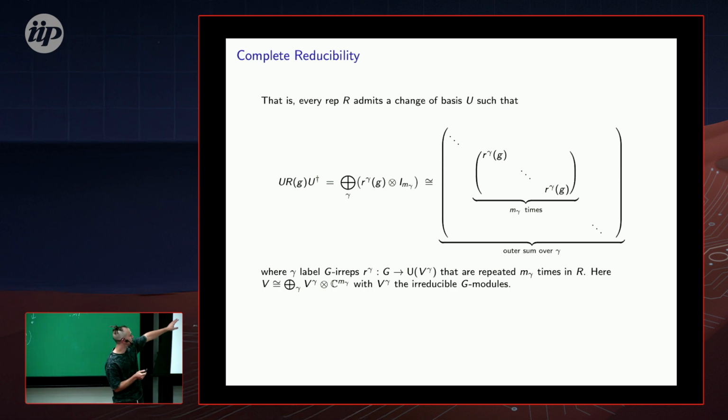Notationally, I have a direct sum over gamma of the matrix R gamma of G, the irreducible representation, tensor identity of dimension m gamma. When I tensor a matrix with identity, I just get this matrix repeated the number of times given by the dimension of the identity matrix.